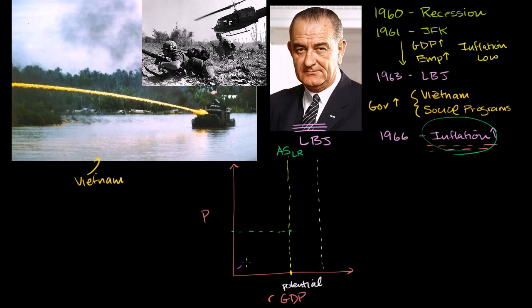I want the slope right. So this is our aggregate supply in the short run. And let's draw our aggregate demand. I'll do that in this green color. So aggregate demand might look something like that.